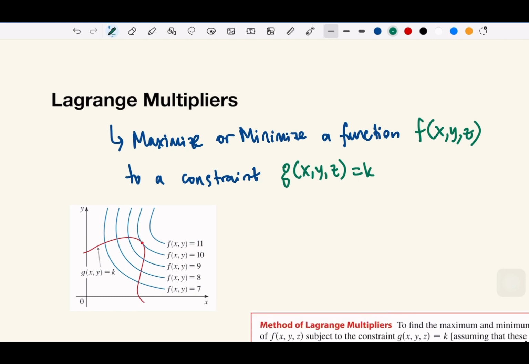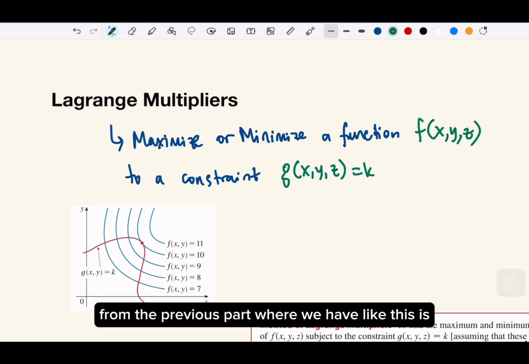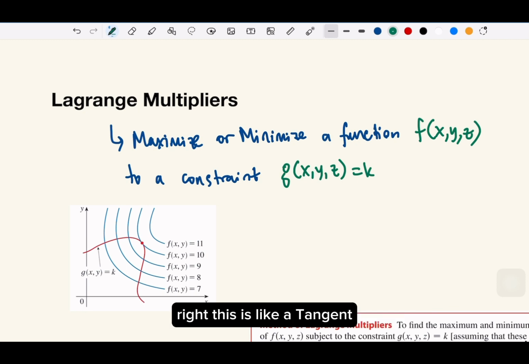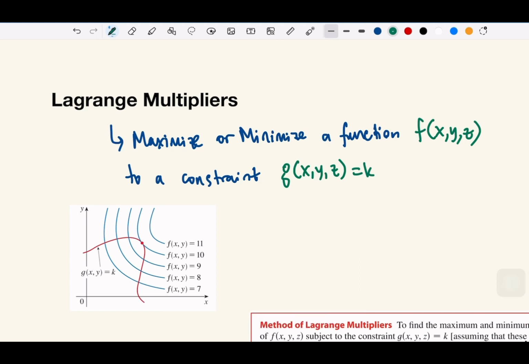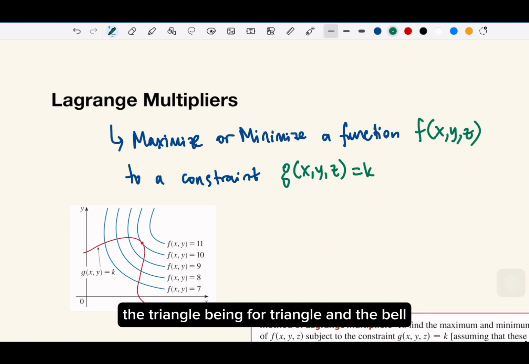And we know from the previous part that this is like a tangent. For the tangent in 3 dimensions, I mentioned this part I think 2 weeks ago: the tangent is given by the inverted triangle, the del, the gradient.